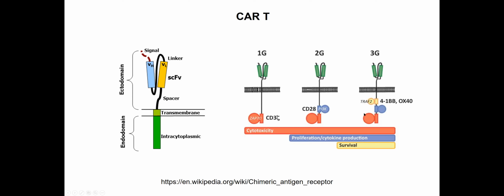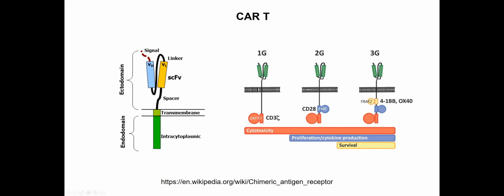Now, in the next generation, we can add more signals here. If it is binding to something, it's the second generation. Now, this can activate proliferation of those T cells by adding a stimulating signal motif here, or generating cytokines, or adding further elements to make these cells survive better.